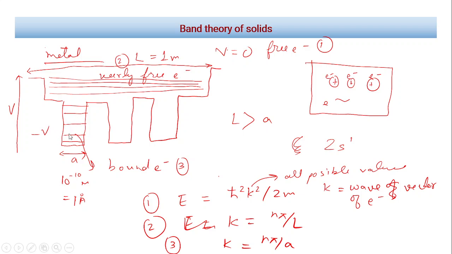The electrons completely bound to their atoms are called bound electrons, and for them k can only take specific values, and thus their energy levels are discrete.